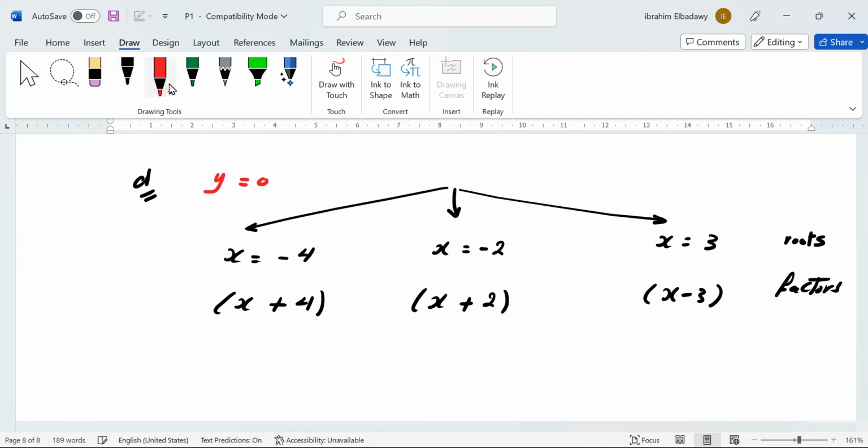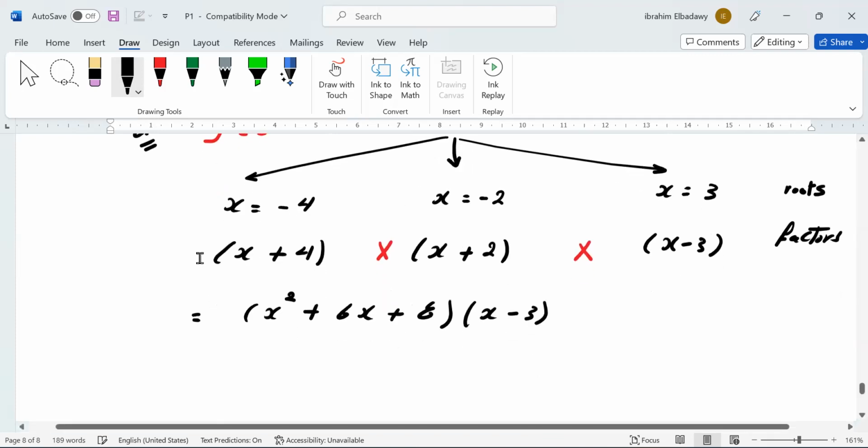You can multiply all of these factors together like that. Okay, let's start to expand. If you multiply the first two brackets, you get, for example, x squared, 4x and 2x, which is 6x, and 4 times 2 equals 8, times x minus 3.